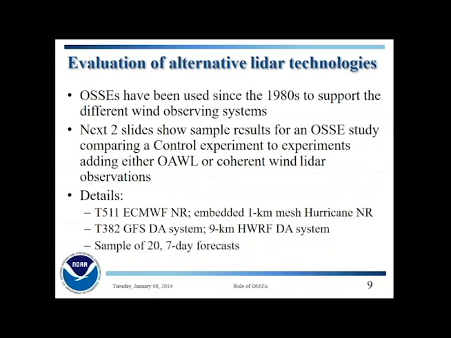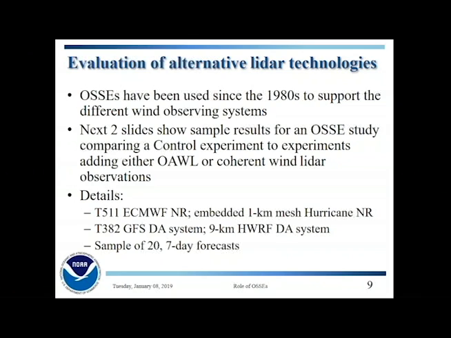And that led over the years to Bob being involved with a lot of different lidar experiments and designing of lidar instruments, and he was a PI on one that did not fly. I'm going to show some results from some of these experiments, which compare two different technologies for Doppler wind lidar. One's called OWL, and the other we're referring to as a coherent wind lidar.